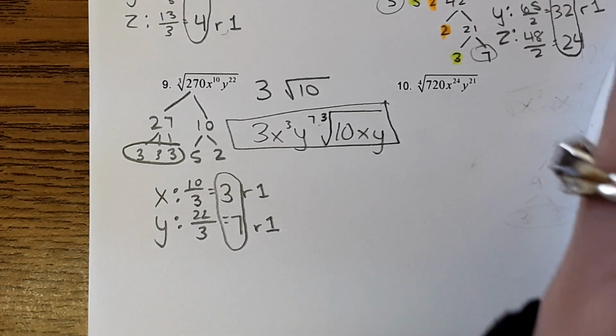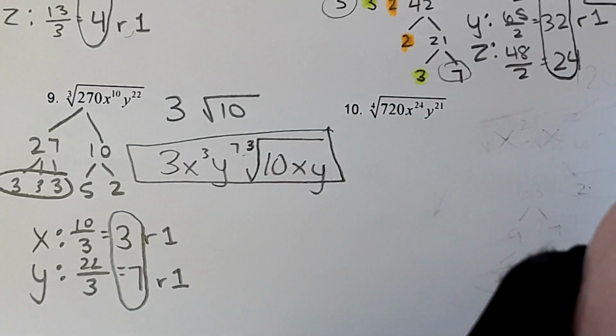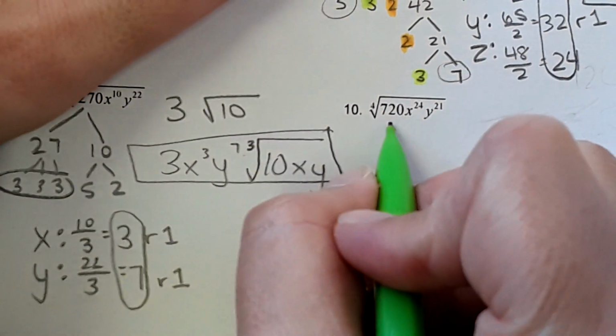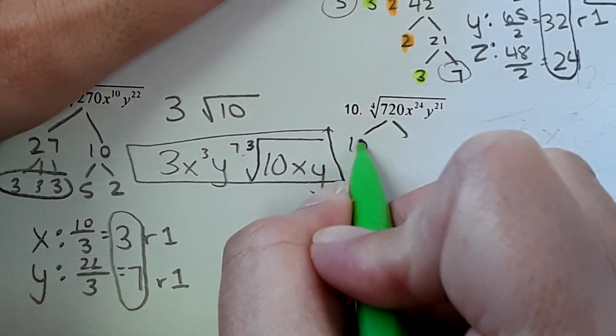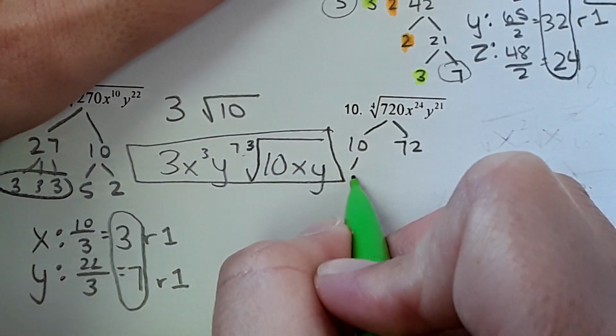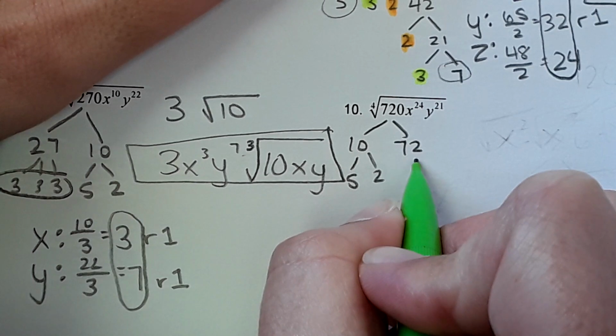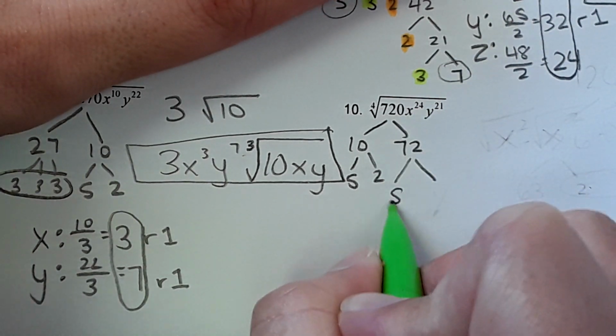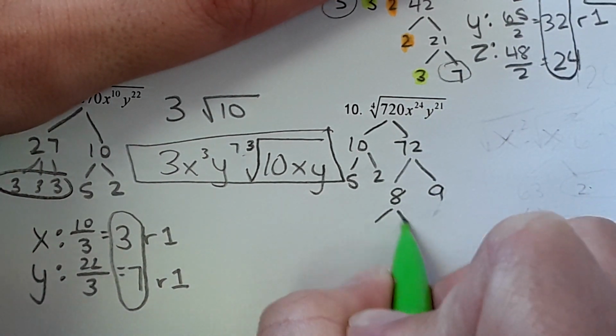Number 10. So we're doing 4th root, so we're looking for 4 of a kind now. For 720, we do 10 and 72, 5 and 2. 72, I think of 8 and 9.